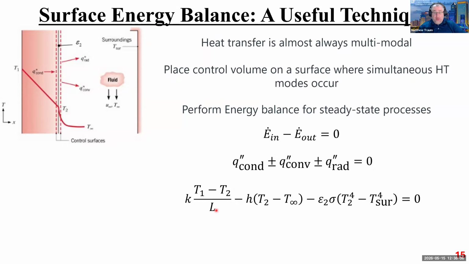Because that's usually what we care about in the world of heat transfer, is how hot things are getting in terms of their temperature. And so the ultimate goal most often is to be able to solve for temperatures. And so you can sort of see the progression from first law of thermodynamics to three modes of heat transfer to an equation that has temperatures in it that you can solve for. So, okay, we'll practice this in a little bit because I've got an example that does this.